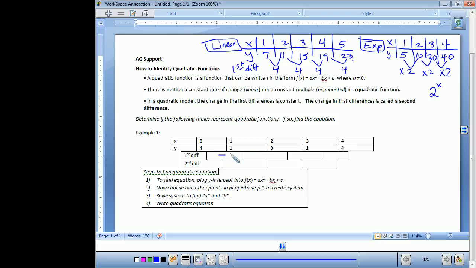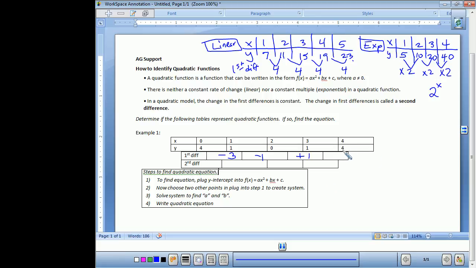Isn't this difference down 3? Or if we did 1 minus 4, do we get negative 3? Okay. Is this difference down 1? Is 0 minus 1 negative 1? Okay. Is this difference 1 minus 0 positive 1?